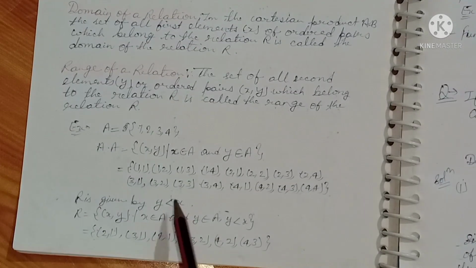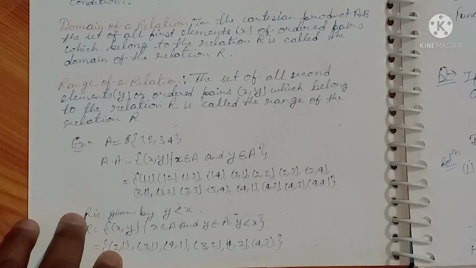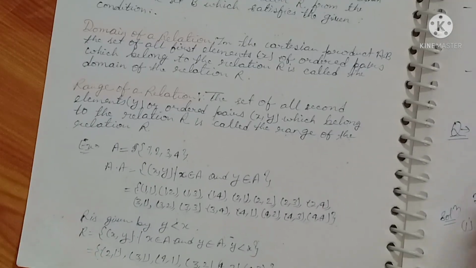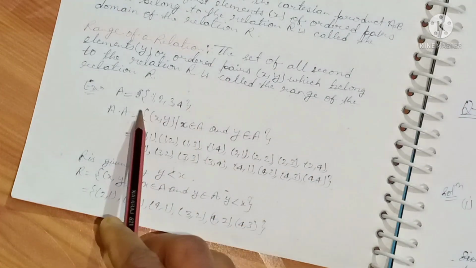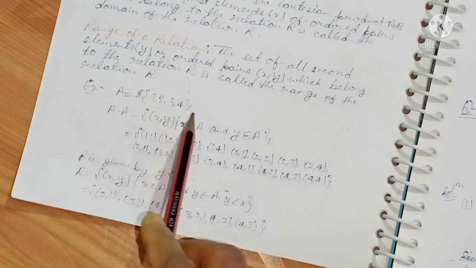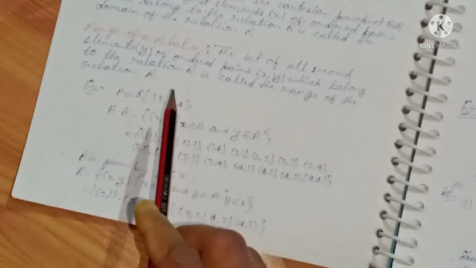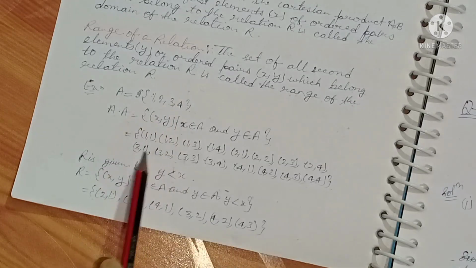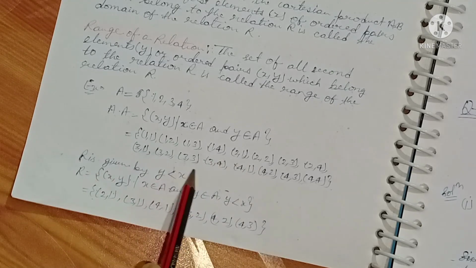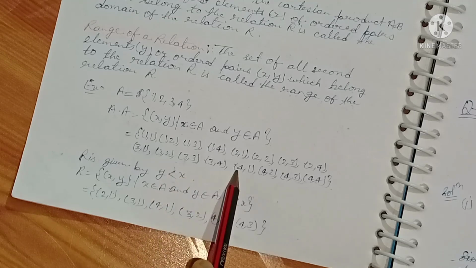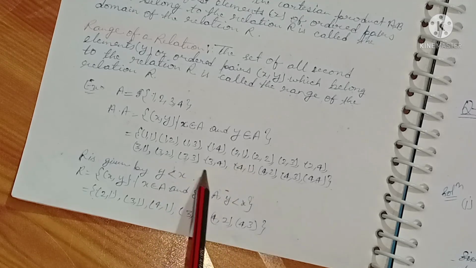Now the Cartesian product we got here, and R is given by the condition that y should be less than x, or you can say x is greater than y.